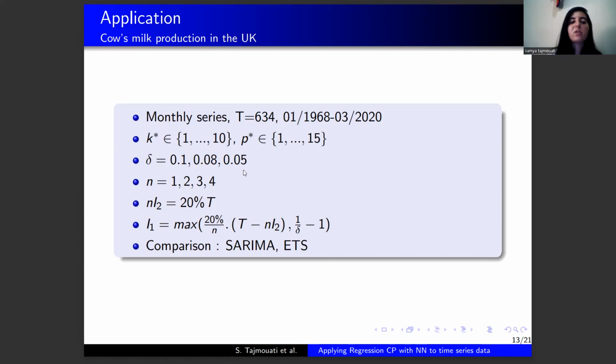And we will assess the validity and the efficiency of our proposed approach for each significance level delta, 0.1, 0.08, 0.05, and for each horizon 1, 2, 3, or 4.